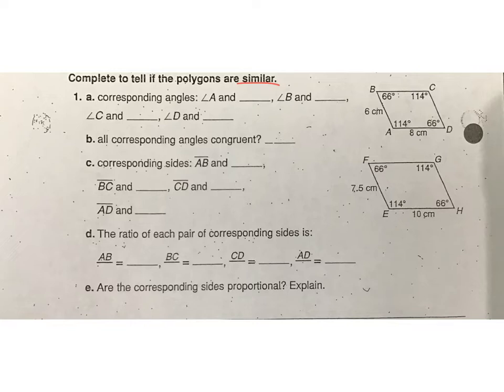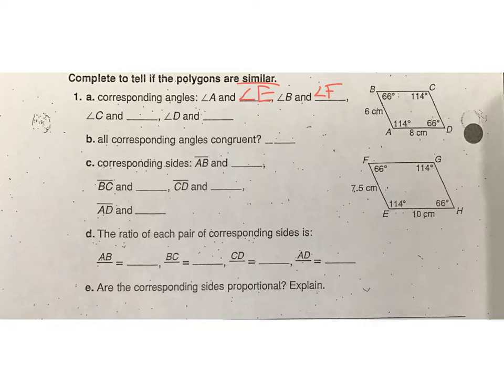So corresponding angle, angle A, is going to be corresponding to angle E because notice they both have the same degrees. When you draw an angle sign, it's basically like a less than symbol, but with a flat bottom. So it looks like an acute angle. So we've got angle E. Then angle B is corresponding with angle F, both 66 degrees.